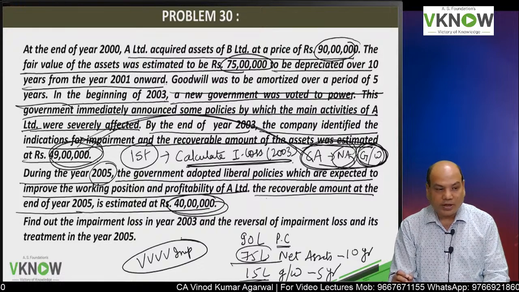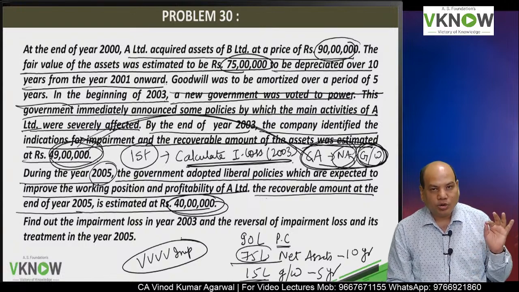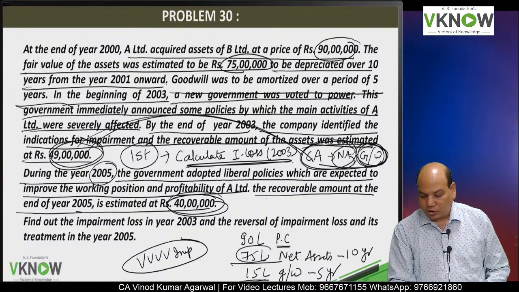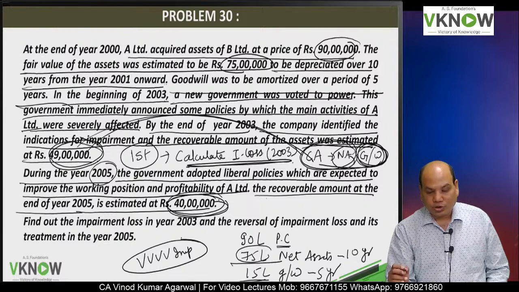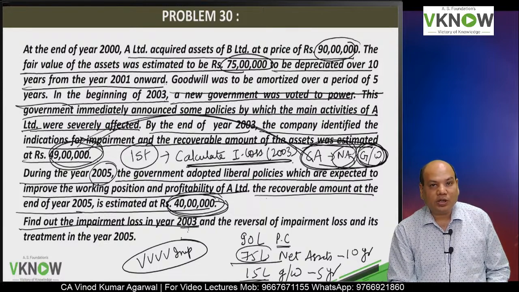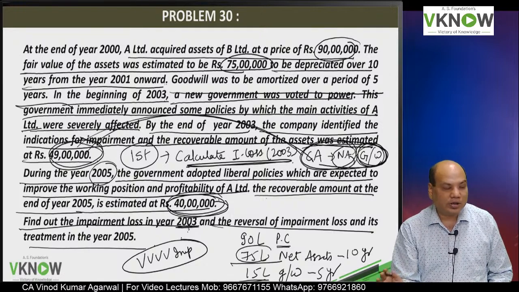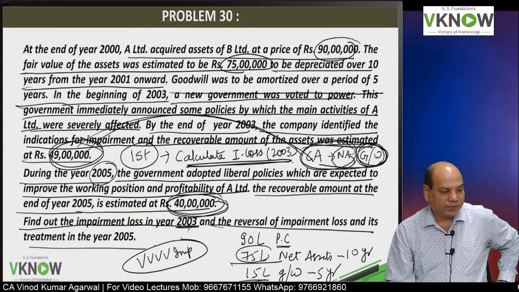So once you got the indication that there might be improvement in the recoverable amount, you found that the recoverable amount is 40 lakh. Question would be now, how much is the impairment loss in year 2003 and how much will be the reversal of impairment loss in the year 2005?